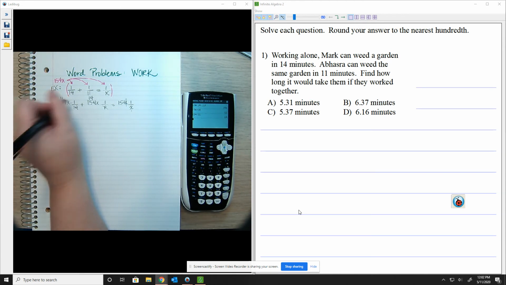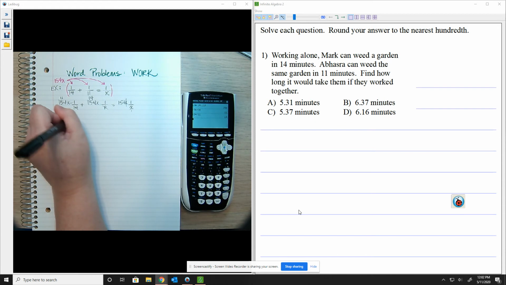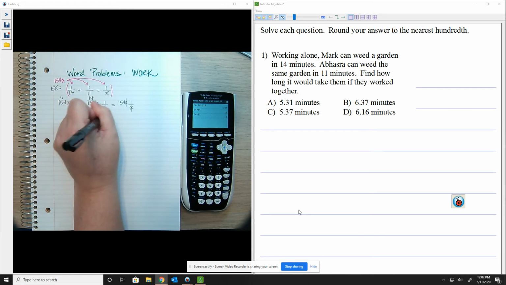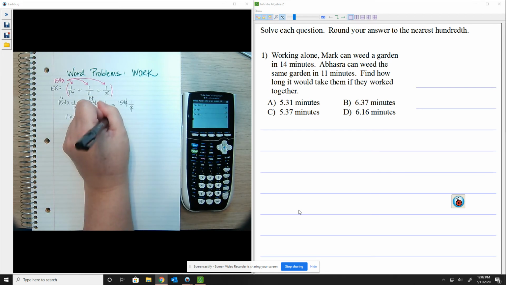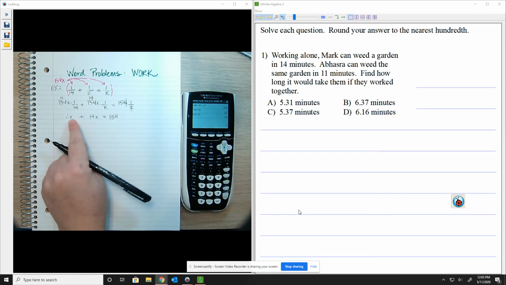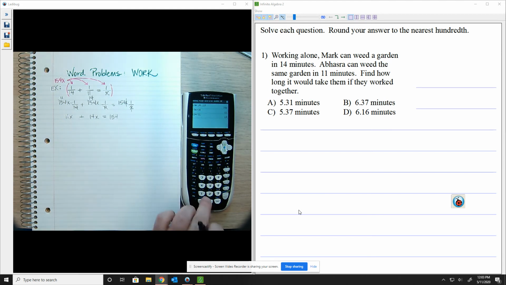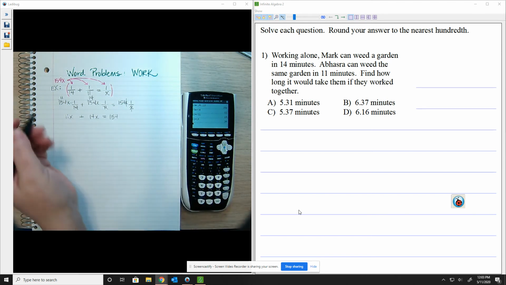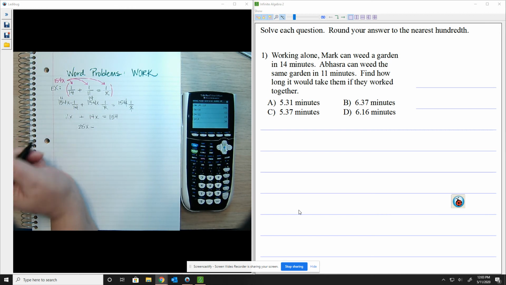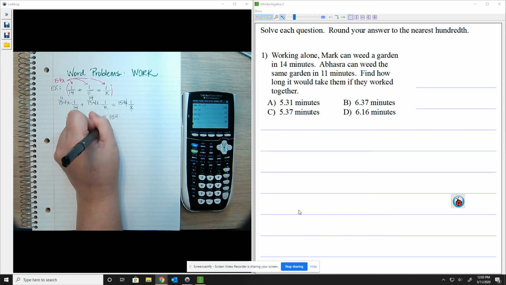So here I'm left with 11x plus 14x equals 154. Notice now I have a nice clean equation. So 11x plus 14x, I have 25x equals 154.